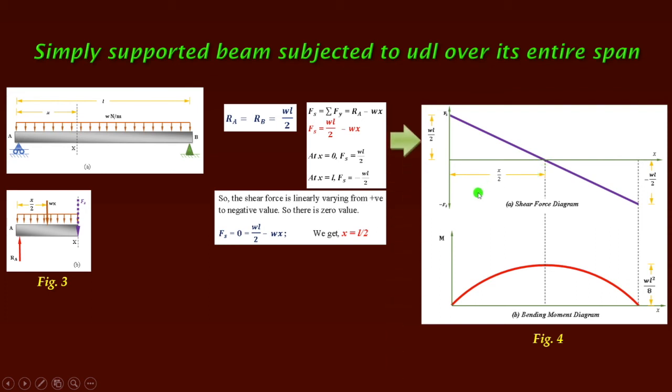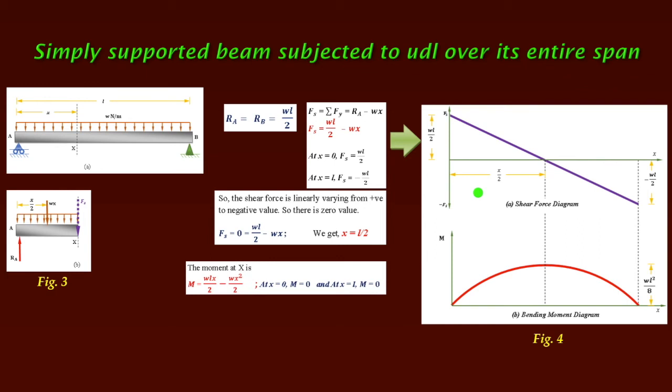Now it is the bending moment. What is the bending moment now? For this section xx, the bending moment is produced due to Ra and omega x. Due to Ra, what is the moment? Ra into x.